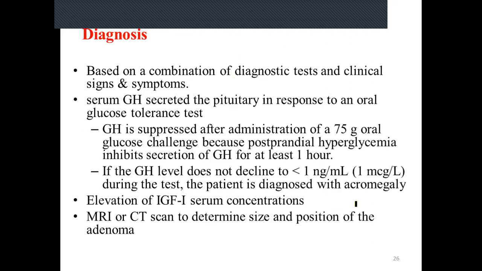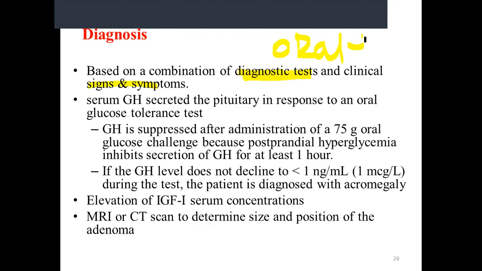So how do we come up with the diagnosis? The diagnosis is based on a combination of diagnostic tests and clinical features. That is very, very important. And mostly the growth hormone suppression test, we call it OGTT, oral glucose.